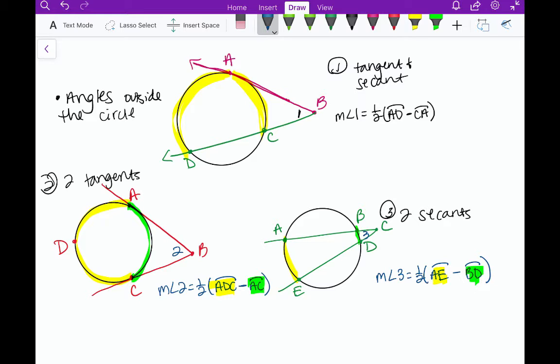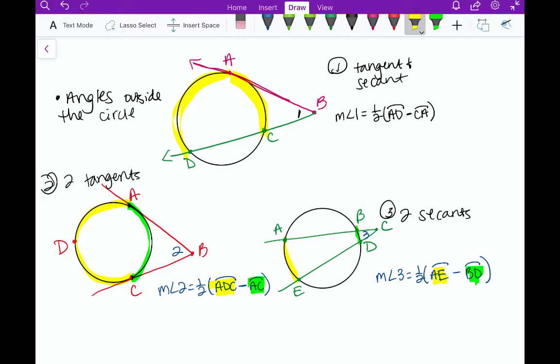You need to understand that in each of these, there are 3 unknowns: the measure of the angle and then 2 arcs. Given 3 unknowns, you need to know 2 of them in order to solve for the third. But sometimes you have to be creative in how you find things out. I may not tell you what the measure of arc AC is.